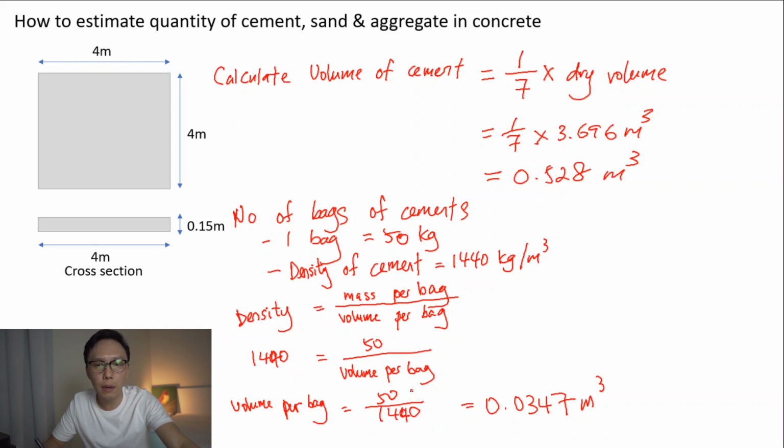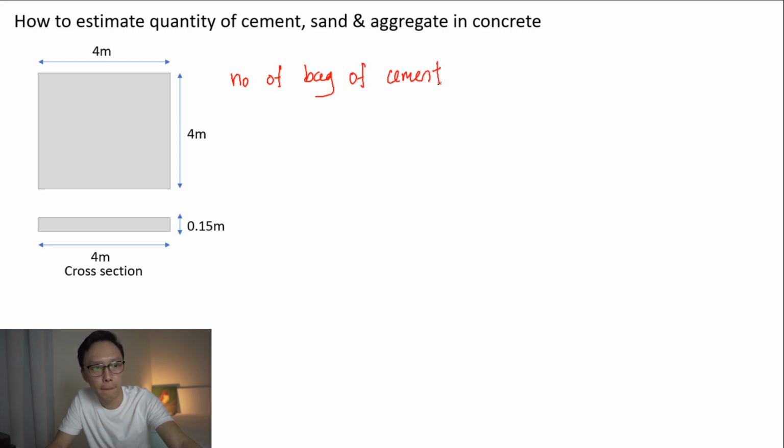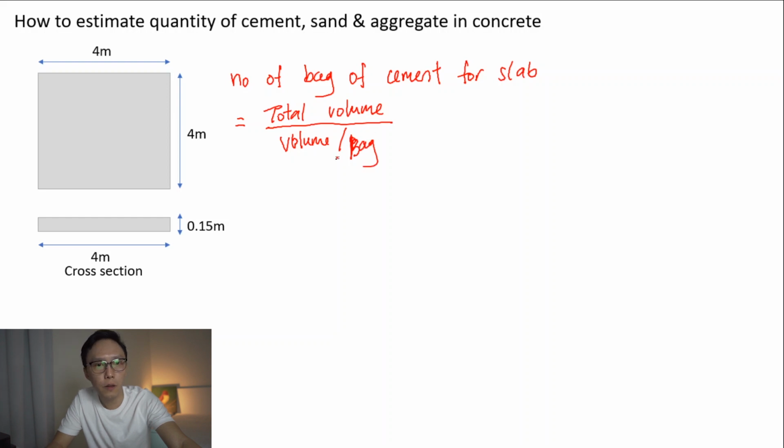Okay, so to calculate the number of bags for this slab, it is equal to the total volume of cement needed over the volume per bag.